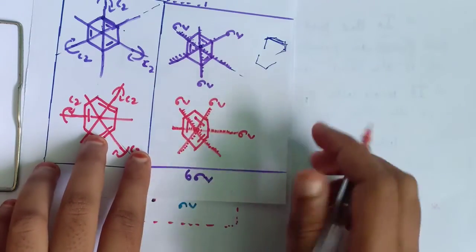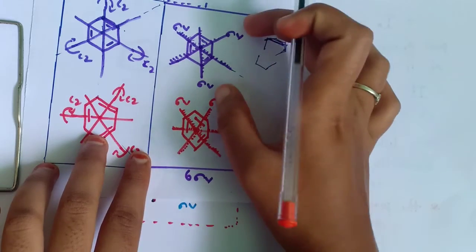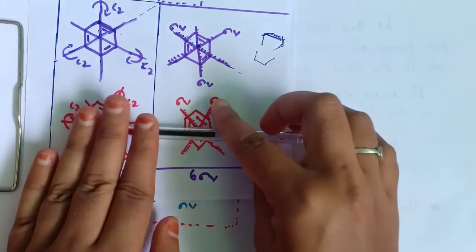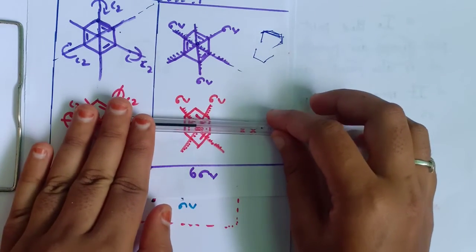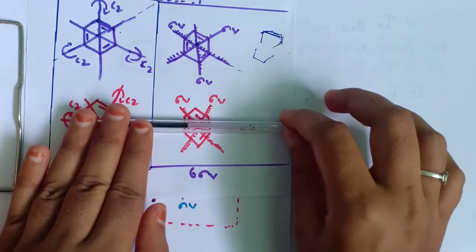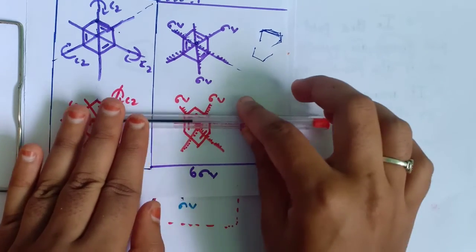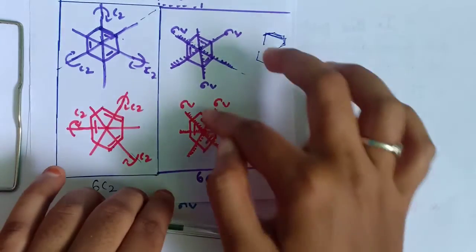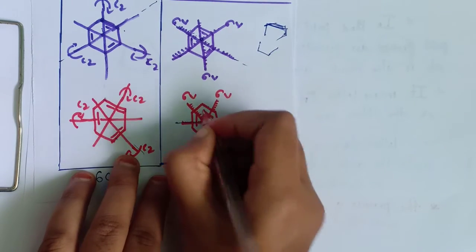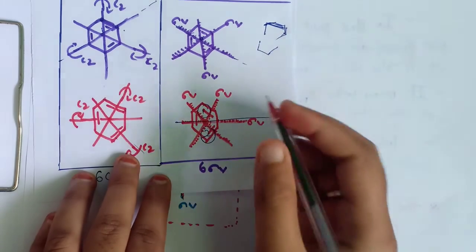If I take this, these are the 3 sigma v's, and another 3 sigma v's are here. See here, if I pass an imaginary plane like this and keep a mirror, this imaginary plane bisects the molecule into two equal halves. This is the first one and this is the second one.